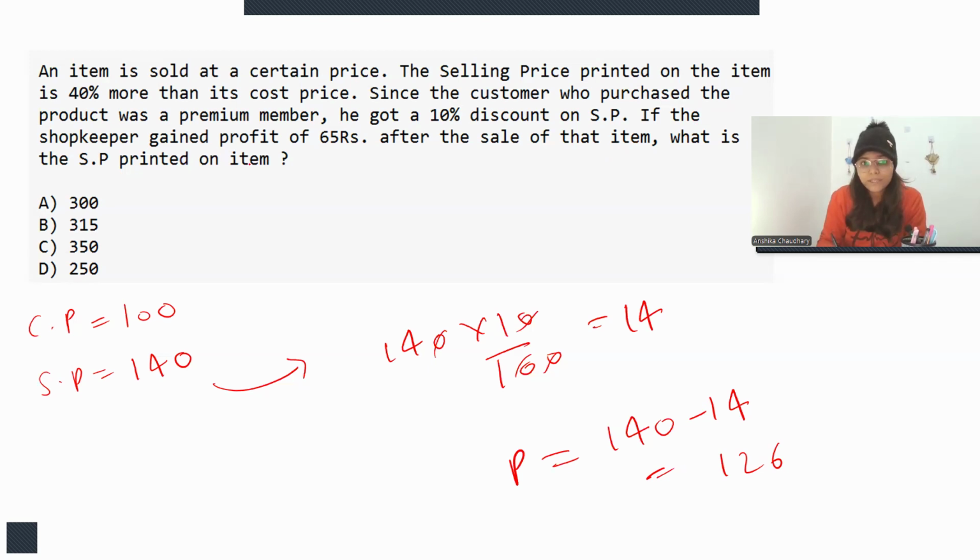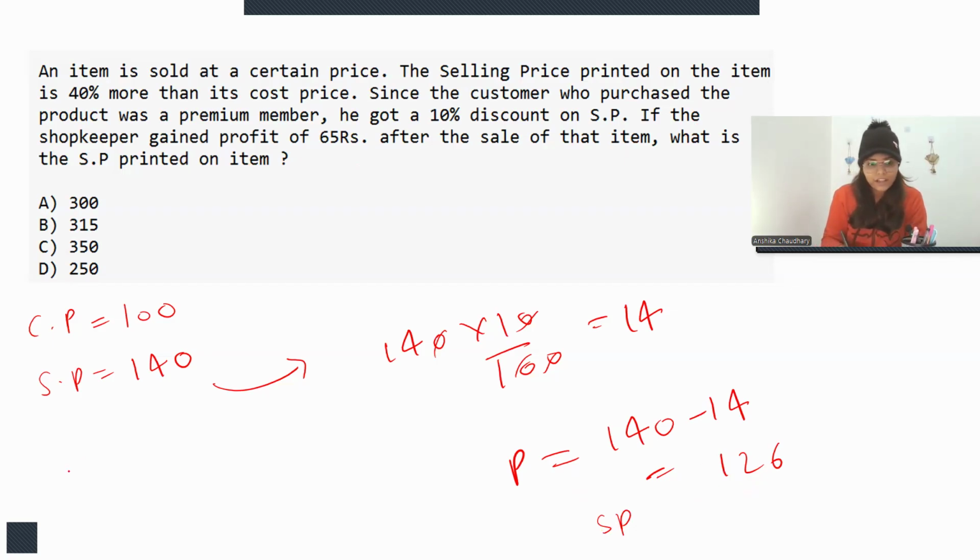Now the shopkeeper gained a profit of 65 rupees. The customer purchased this item for 126, or we can say B has sold this item for 126. So this can be the selling price.